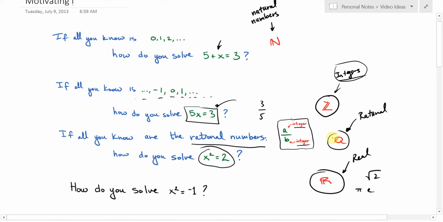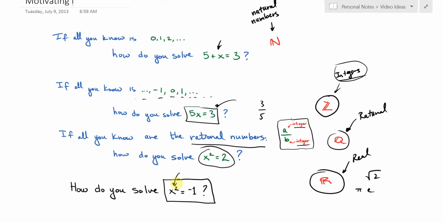But still, if all you know are the real numbers, and that's probably more of where you are right now, you're only really familiar with the real numbers, how do you solve an equation like x squared equals negative 1? You square a real number, you're going to get a positive number, or 0. 0 squared is 0. But aside from that, even if x starts out negative, multiplying it by itself cancels the negative, you get something positive.